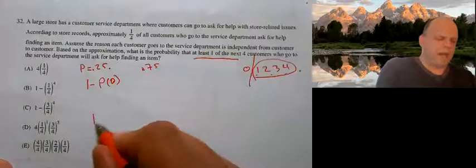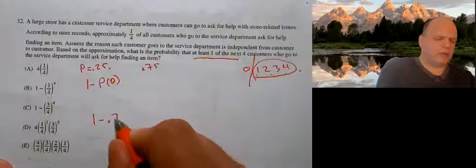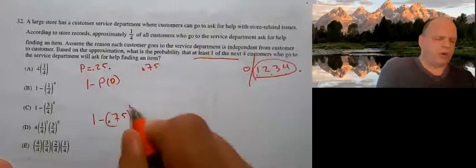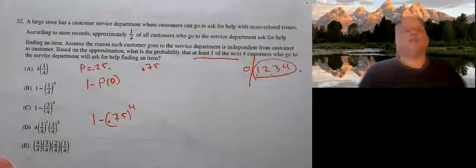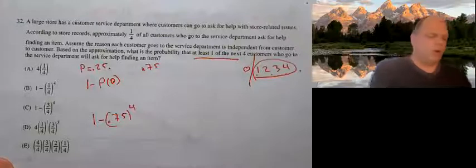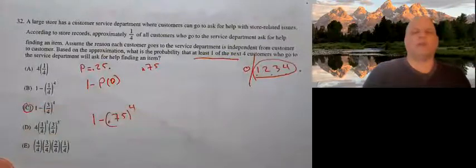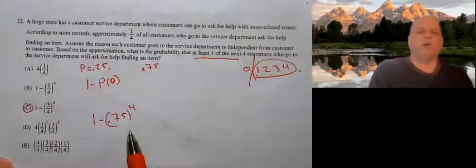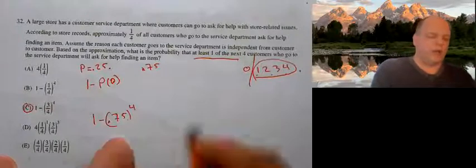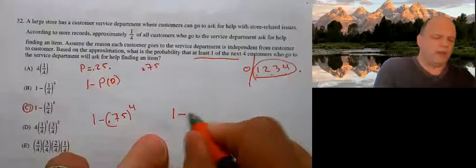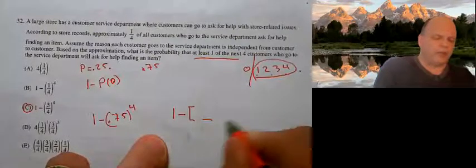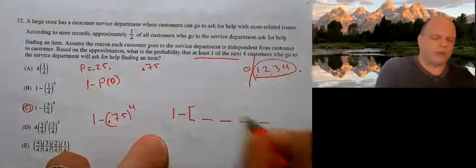But we have how many customers? Well, we have 4. So 1 minus 0.75 to the fourth, or 1 minus 3/4 to the fourth, because basically all 4 of them could not ask for help. Essentially, we're going 1 minus first customer, second customer, third customer, fourth customer.